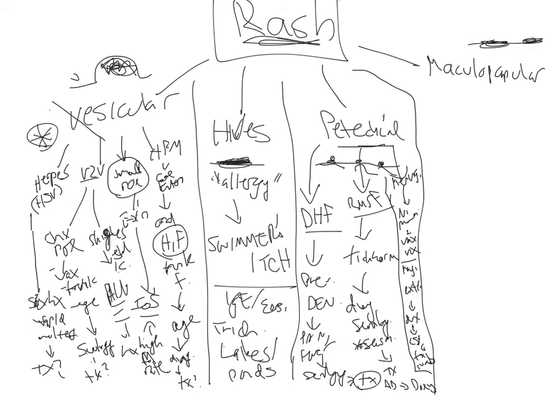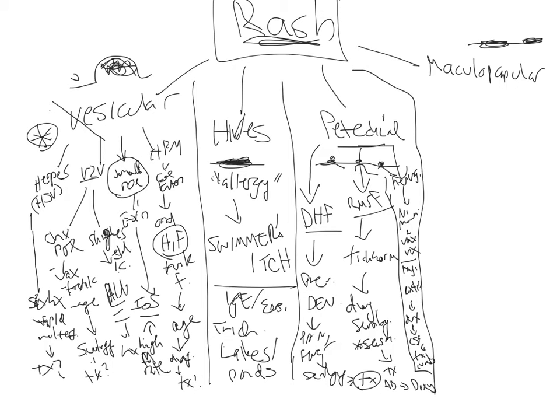Okay. And now we've talked about vesicular rashes, hives, petechial rashes, and now we're going to go with maculopapular rashes. Good times. So this is a type of rash that a wide variety of infectious agents can present with.